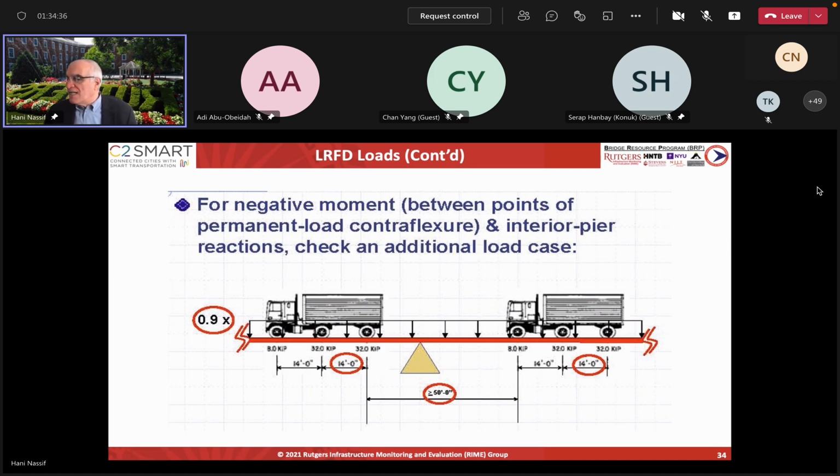If you do the influence line for continuous span moment, and this is the middle support here, it will be something like this, and this should be upward, be positive. So this truck has to be placed somewhere to maximize the moment. And this second truck has to be placed here to maximize the moment. And we found out that usually it happens when this distance is about 50 feet, okay? So if you take 2 trucks with the headway distance 50 feet, that's what this is coming from.